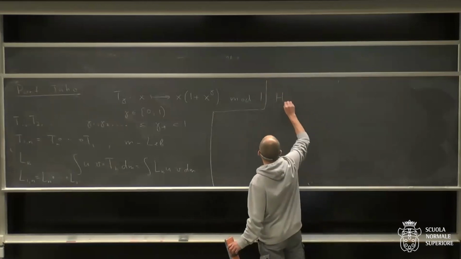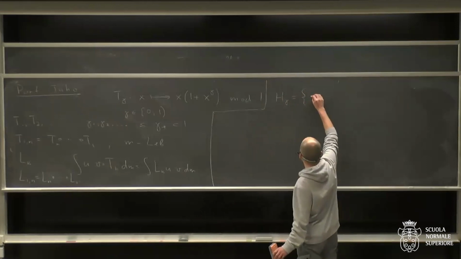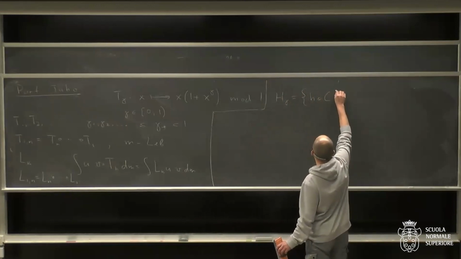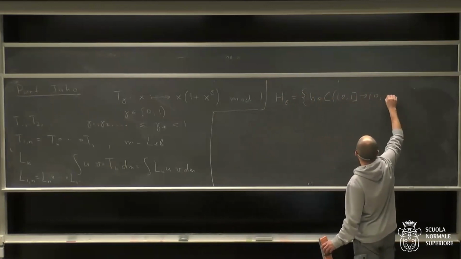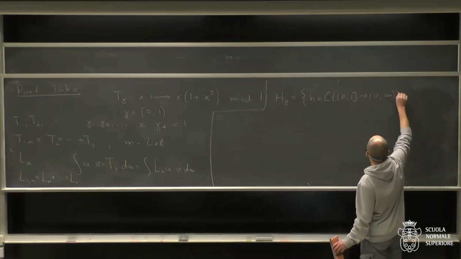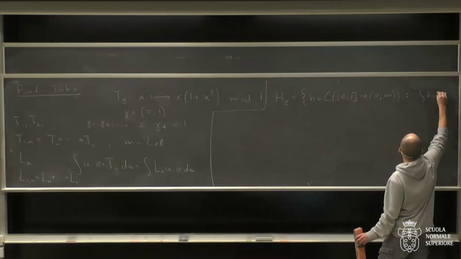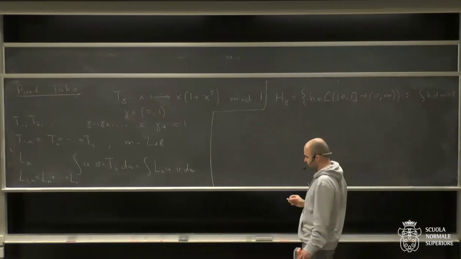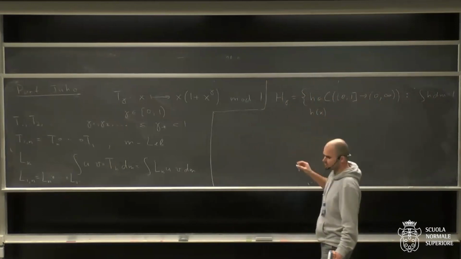Let's say H gamma is the class of continuous probability densities from 0, 1 to 0, infinity, so that the integral is equal to 1. And I'll also want that h of x doesn't blow up too strongly near 0.